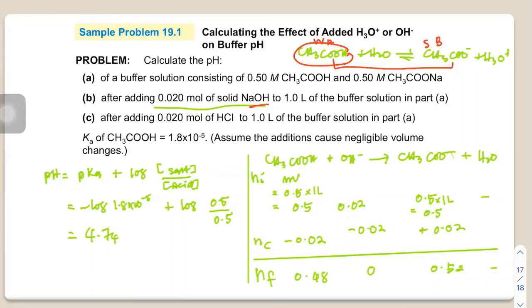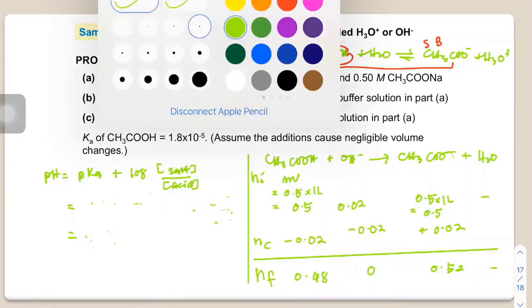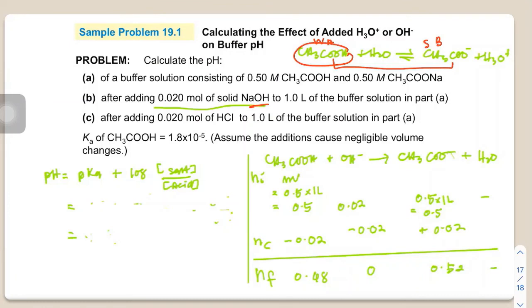Then we can calculate the pH by using the same equation as before. So identify which one is the acid and which one is our salt. So this is our acid, new amount, this is the salt. Okay.